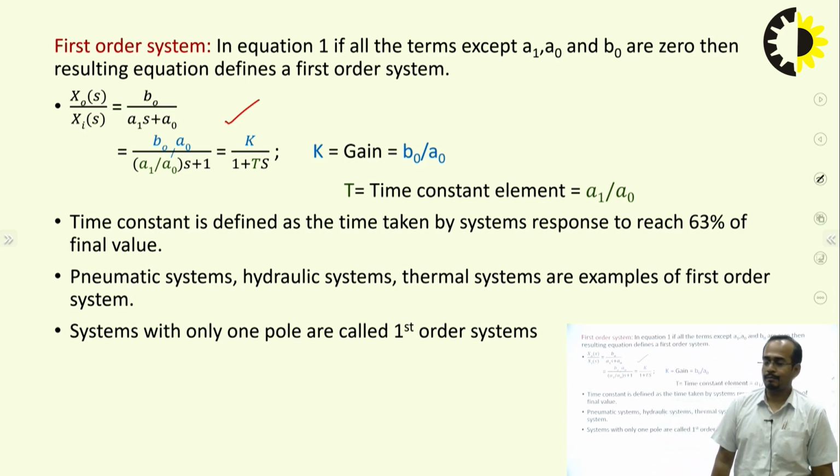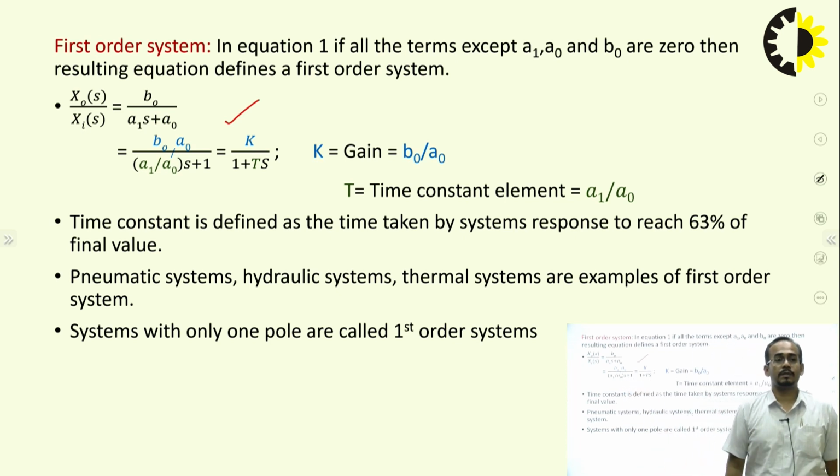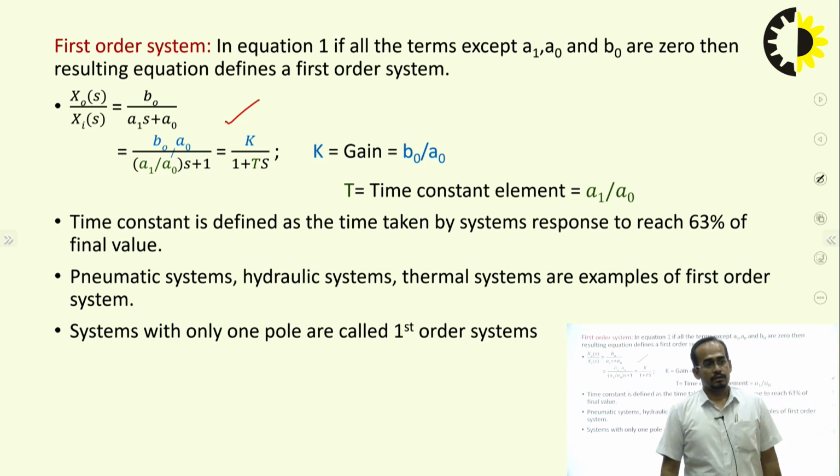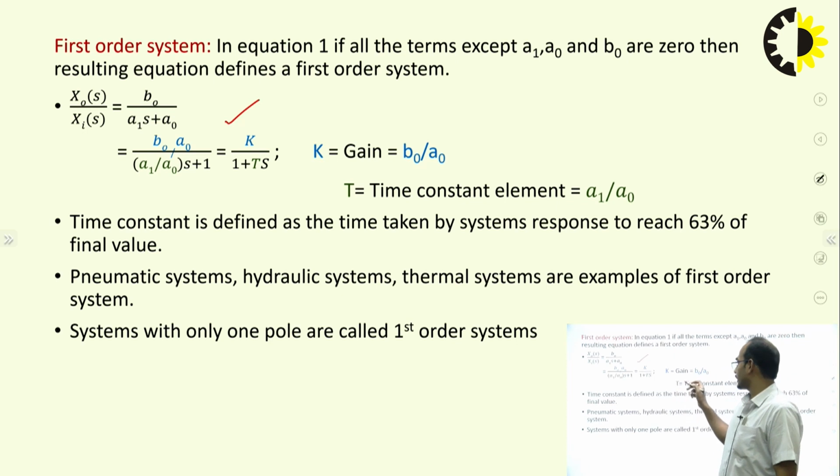We can write it in time constant form. This will give b0 by a0 upon (a1 by a0) s plus 1. So, it will give K upon 1 plus Ts. The time constant is defined as T equal to a1 by a0.